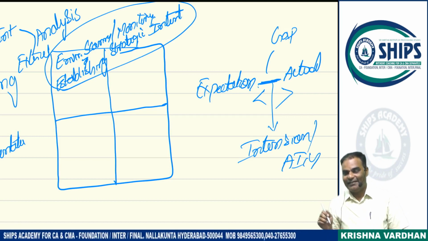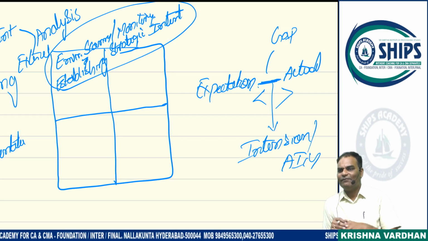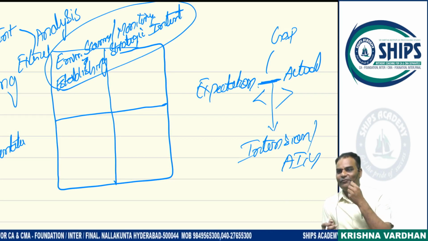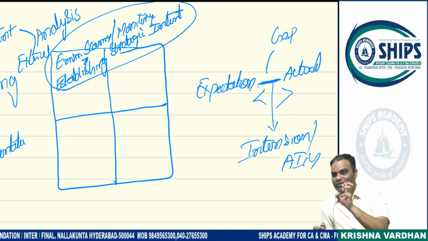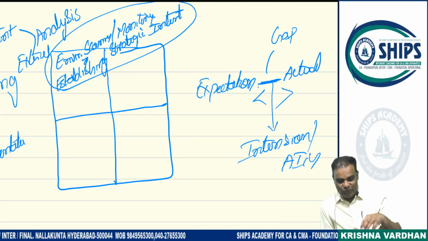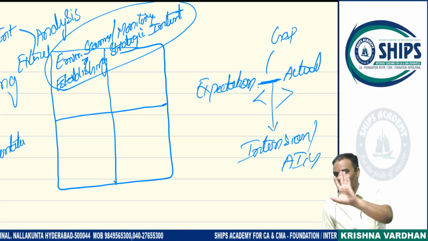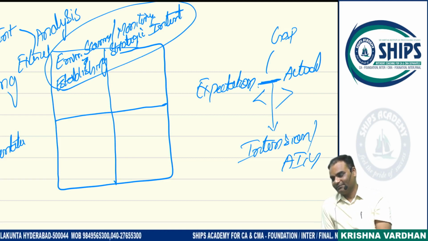Strategic intent. What is it? It's a magnet. It's a force field, you can say. Strategic intent is a magnet or a force field which pulls you from the present to future. Write down this word.